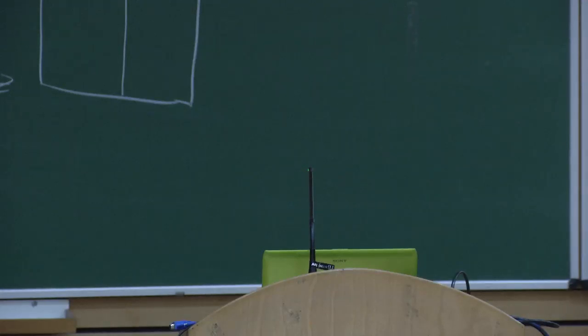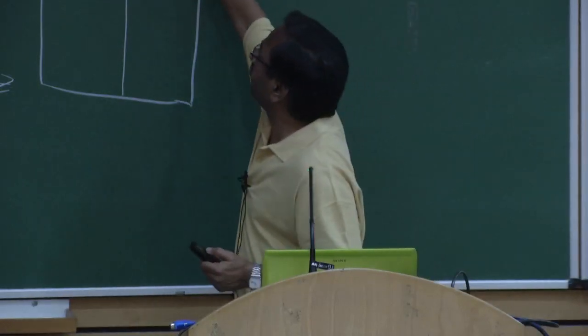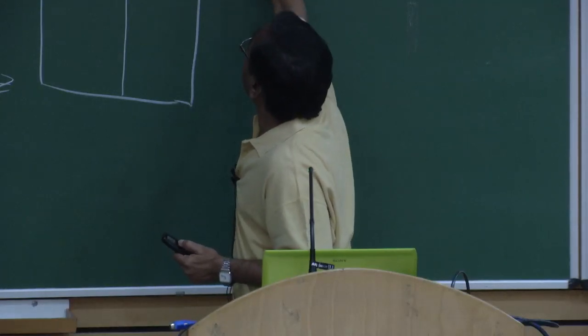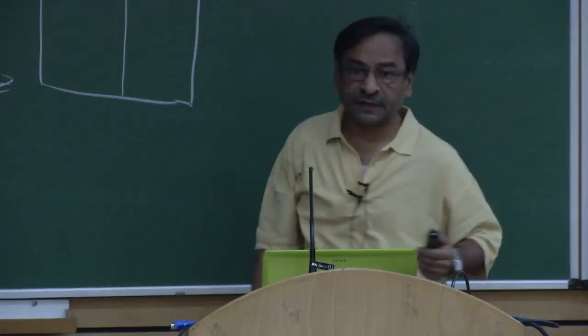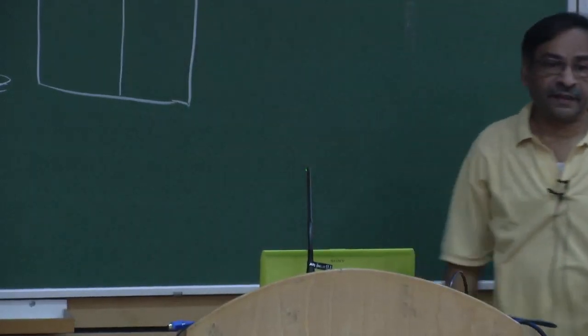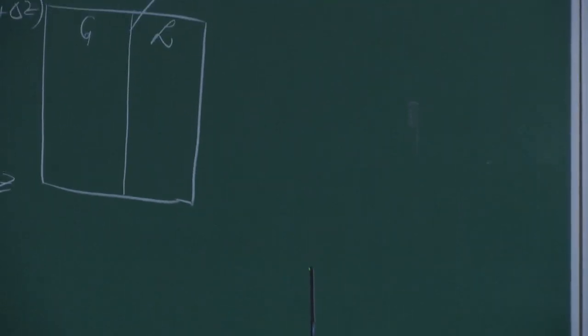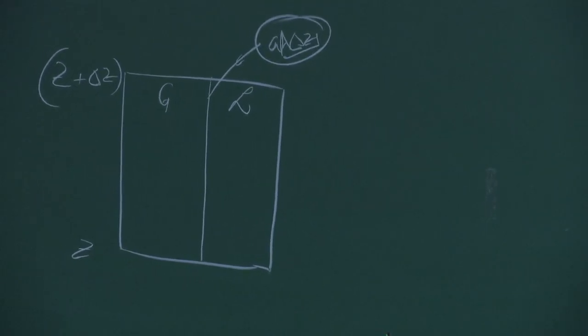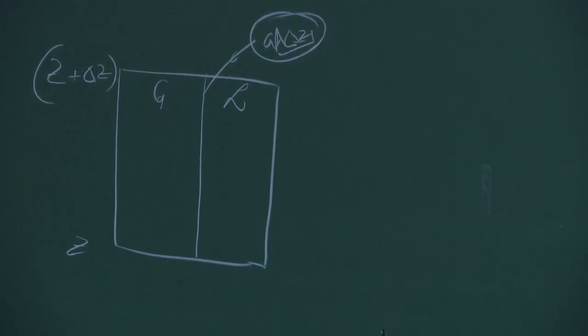The packing has no role here as far as this visualization is concerned, except providing the interfacial area, small a, the specific area, times this volume delta z. Except for providing this total area, the packing has no role to play. Our solute cannot enter the packing and nothing from within the packing can enter the gas phase.